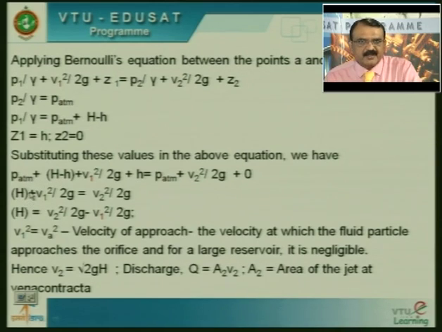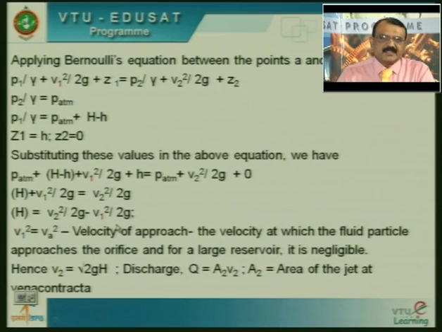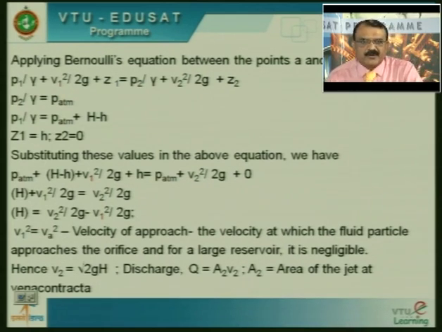So you will be left with H is equal to, so push this V1 square by 2g term to the right hand side, you are going to get V2 square by 2g minus V1 square by 2g. Now just now I said this V1 is called the velocity of approach. If the tank is very big, then velocity of approach may be negligible and most of the time we consider this as 0. If that is the case, my equation reduces to H is equal to V square by 2g.